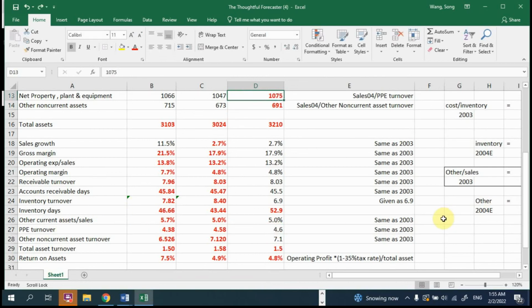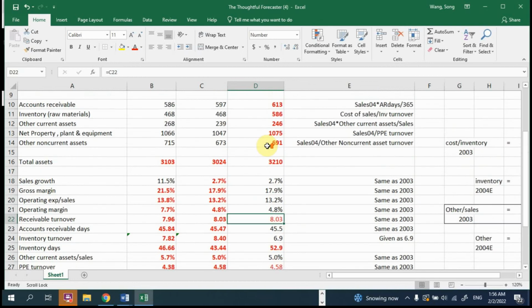You will see that the number here is a little off, but it's okay. We shall use the number of last year. Now the number is correct, so we need to do the same for both the receivable turnover as well as the PPE turnover.